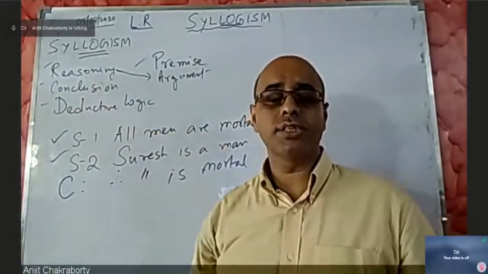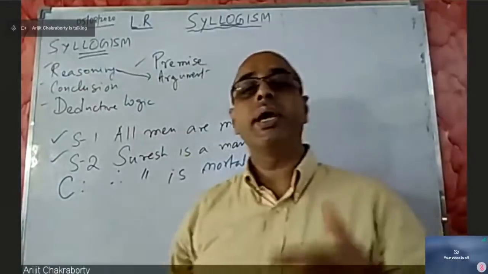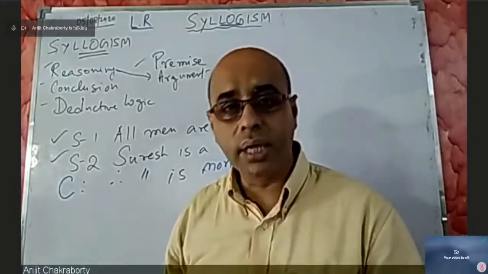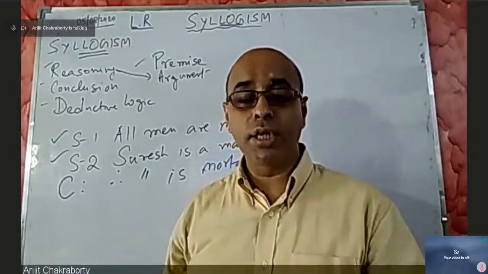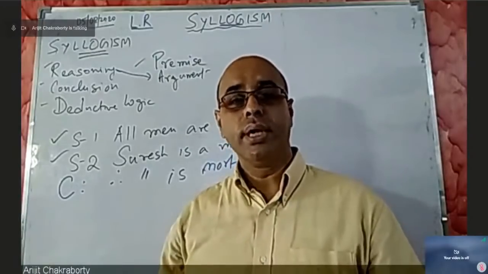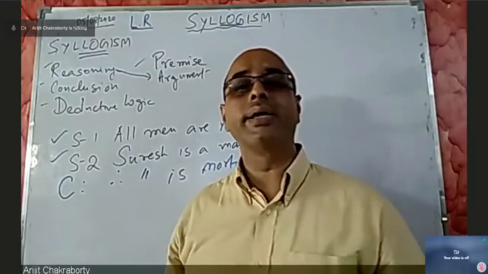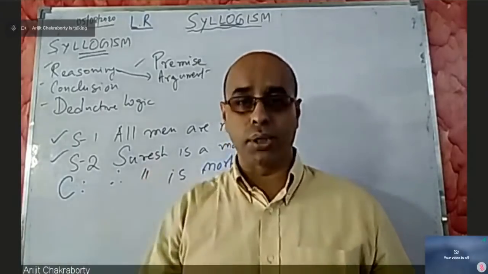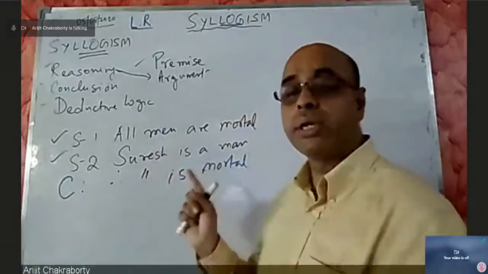Till now, in all chapters of logical reasoning, we arrived at a conclusion. Blood relation. We arrived at a conclusion so as to establish the relation between two individuals. When we looked at coding and decoding, you may remember, there also we reached a conclusion. So here also we are reaching a conclusion.